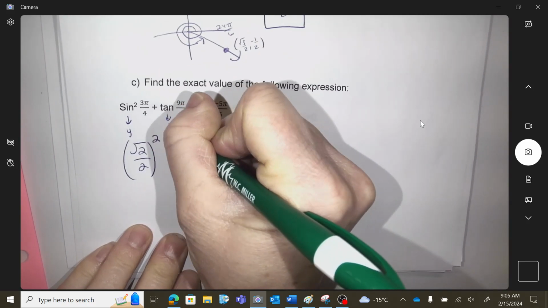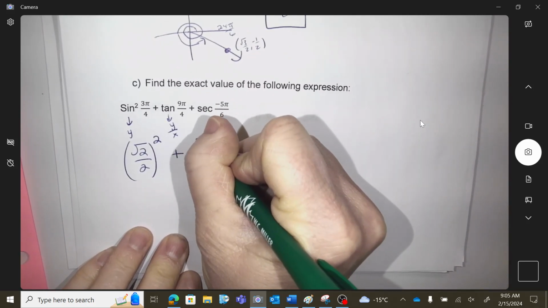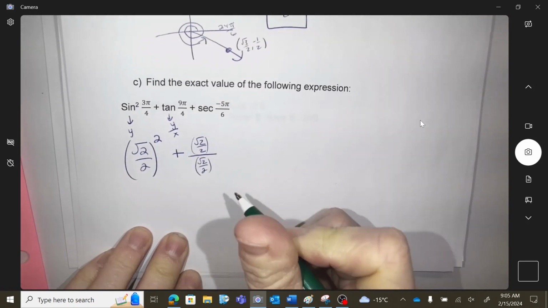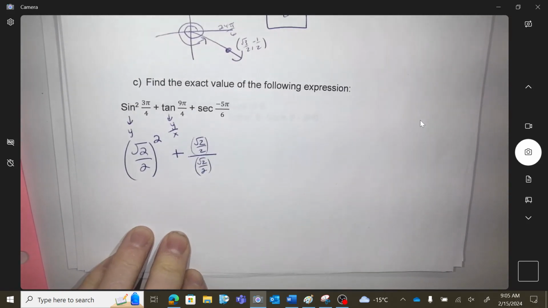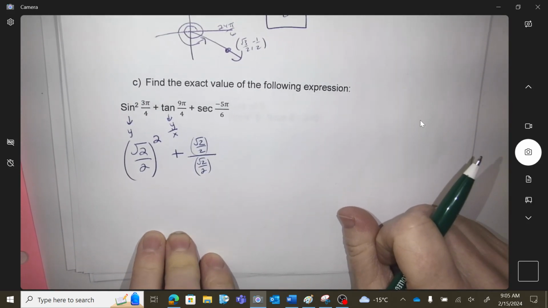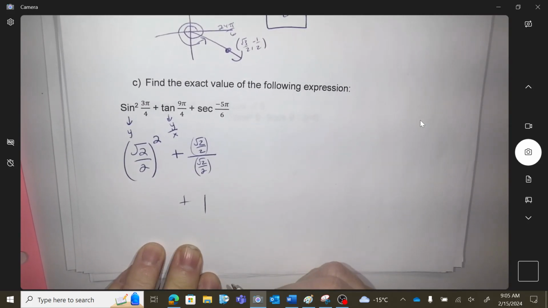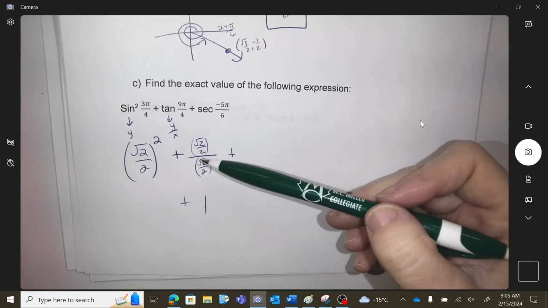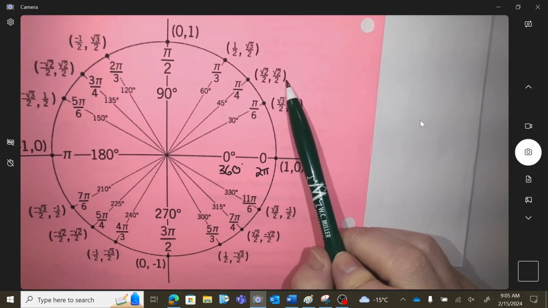So tan tells me y over x. Y over x. What is that number? Quickly. 1. Okay, and if you actually know that, you don't have to write this, you can just remember, oh, that's 1.